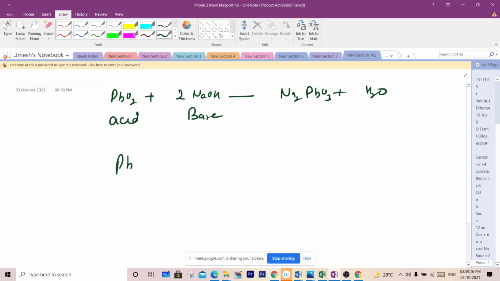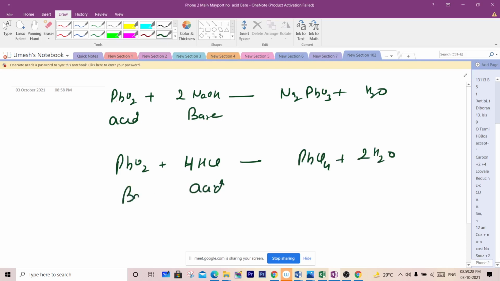When it reacts with an acid like HCl, it again forms salt, PbCl4 plus 2 water molecules. So this is an acid and this is a base. Again, you can see it is amphoteric in nature.